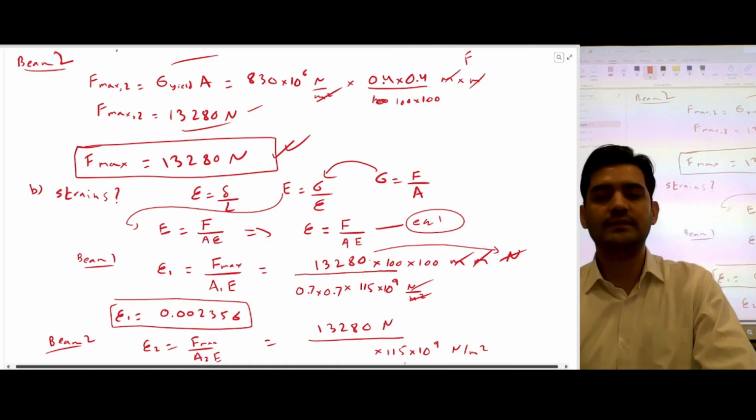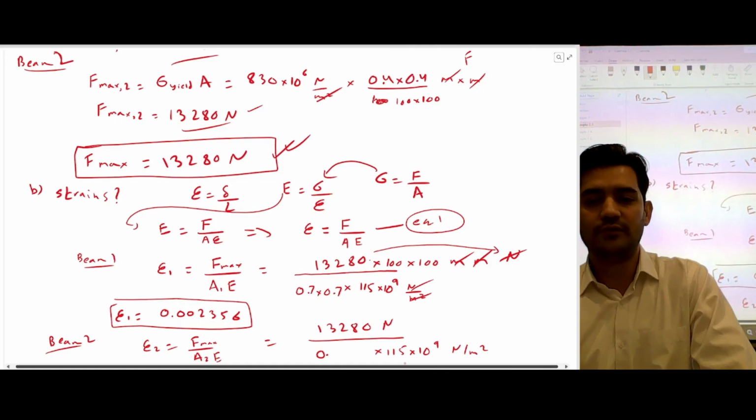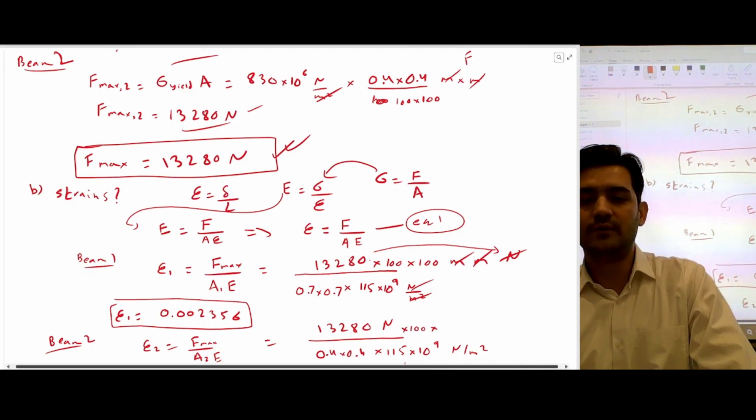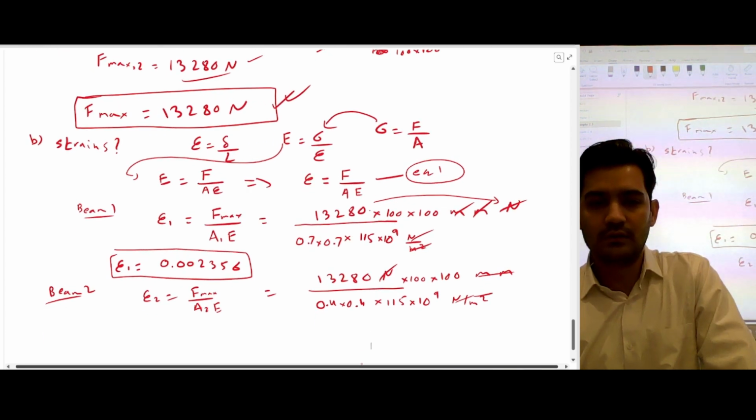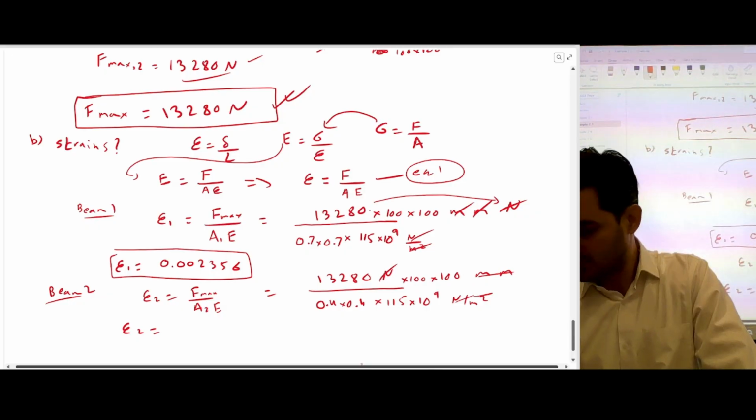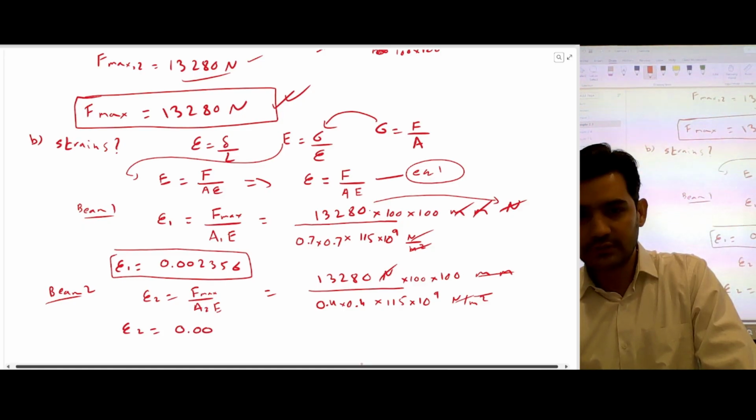Yes, that's correct. 0.4 into 0.4, and I have divided by 100 two times to get meters. So everything is going to cancel out. So the strain is 0.00721.